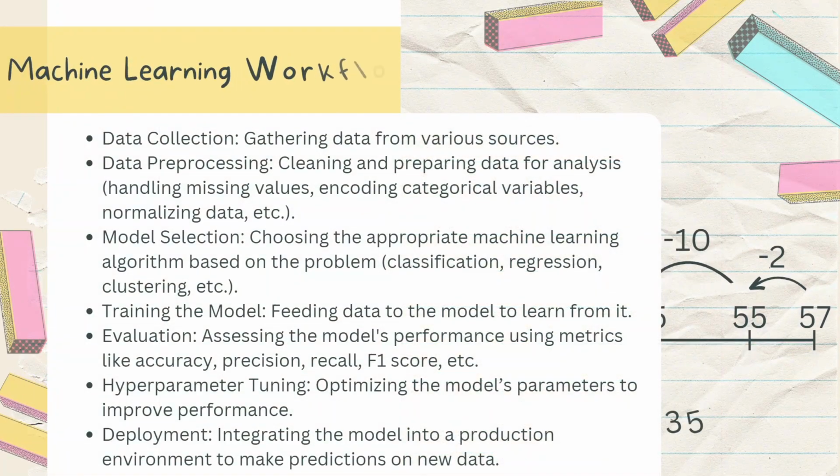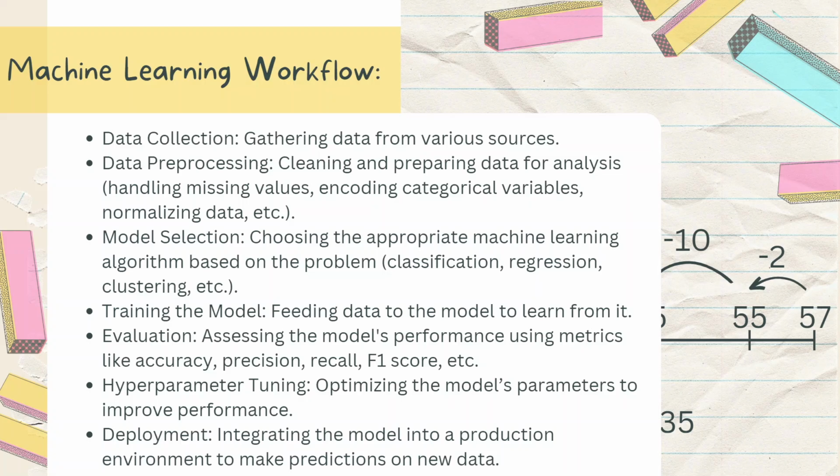Then move on to machine learning workflows. So data collection, which is used for gathering data from various resources. Data preprocessing. Cleaning and preparing data for analyzing, which is used for handling missing values, encoding categorical values, normalizing data, etc. Model selection.